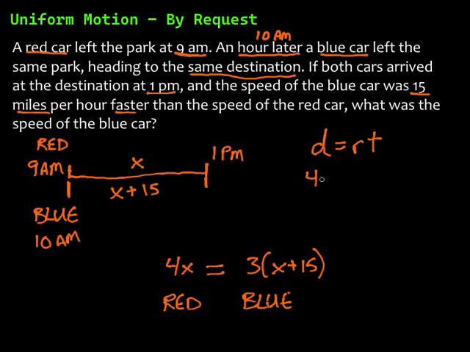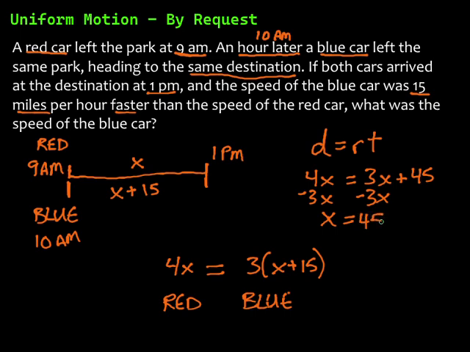So we have 4x equals 3x plus 3 times 15, which is 45. Then we subtract 3x from both sides. That's going to give us, nice, x equals 45.